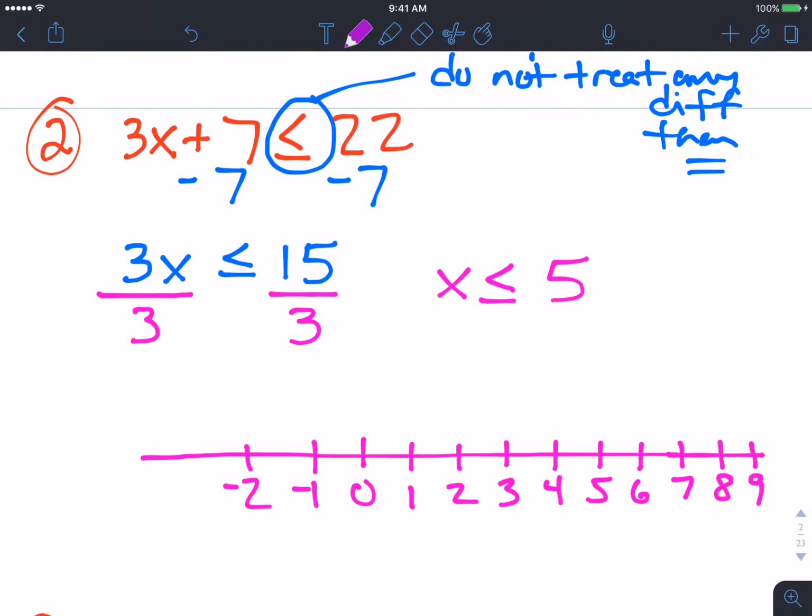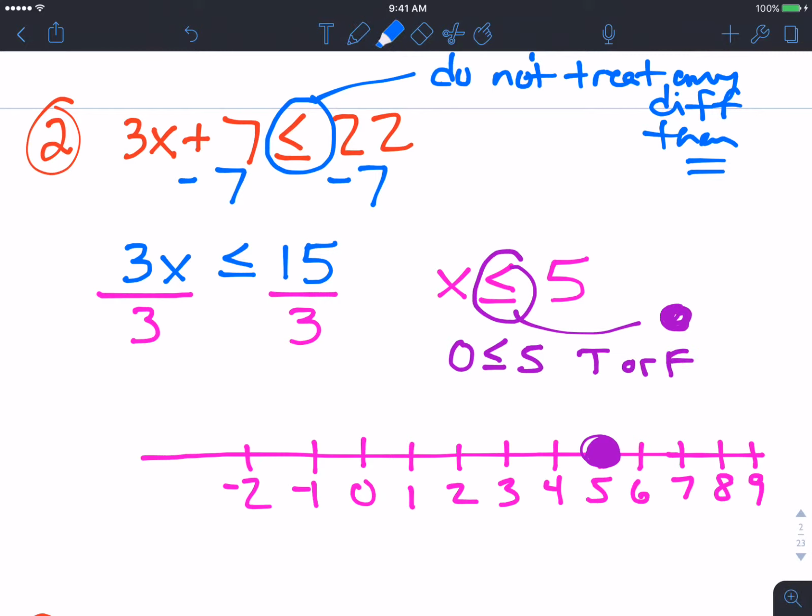So I'm going to make my open circle, or sorry, closed circle at 5, because it is less than or equal to. And next I'm just going to test a point. I need less than 5, and is 0 less than 5? Is that true or false? And that is true. So if that point is true, I will shade to the left.